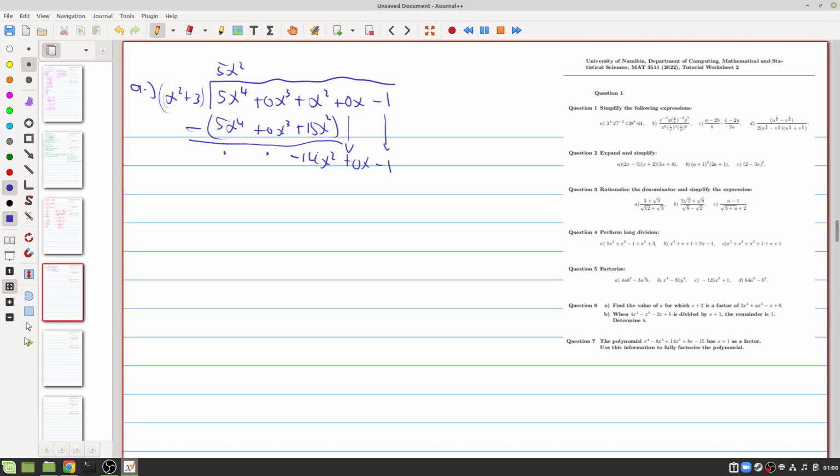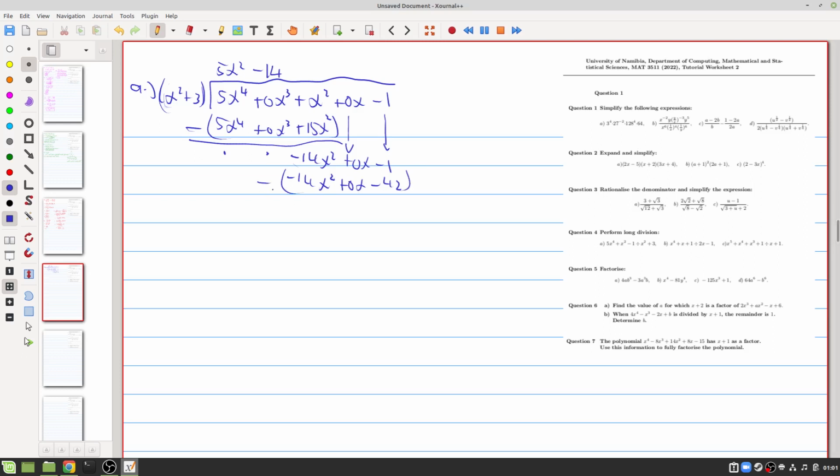Now again we take this negative 14x squared divided by x squared, and that gives us negative 14. Now, negative 14 times this whole thing in front again. Negative 14 times x squared is negative 14x squared. Negative 14 times 3 is negative 42. So again, write that where it should be, and then there's 0 x's.